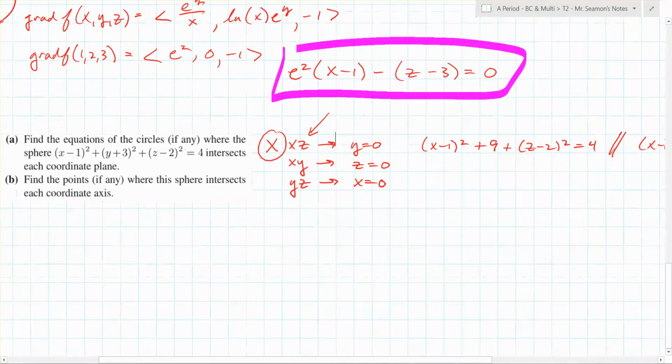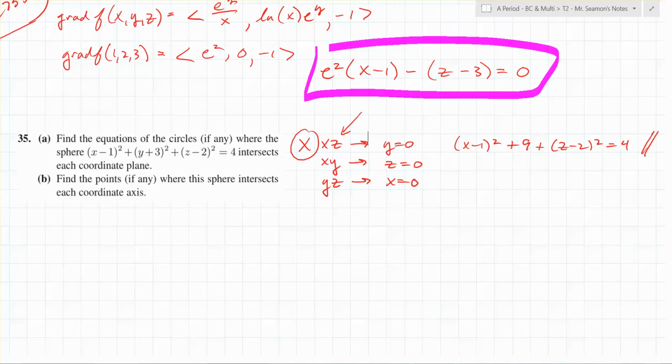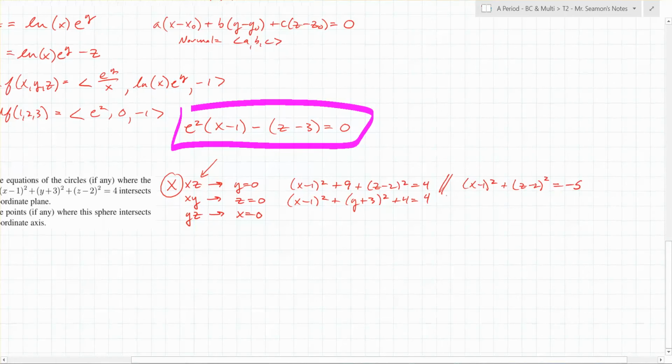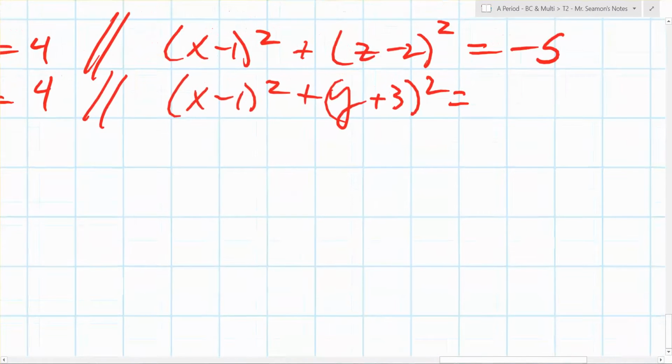So let's do the second one here. This is a great one. On this one, the radius is 2, and the center of the circle is y equals -3. Okay, so let's do the next one. Z equals 0. So what is that one going to be? X minus 1 squared plus y plus 3 squared plus 4 is equal to 4. What does this tell us? X minus 1 squared plus y plus 3 squared is equal to 0.